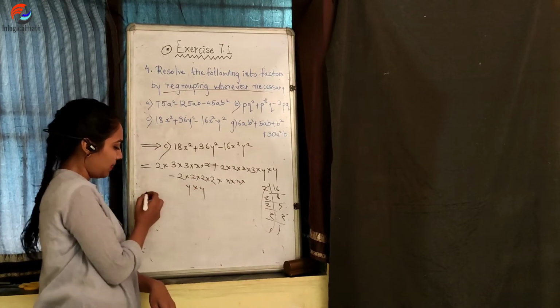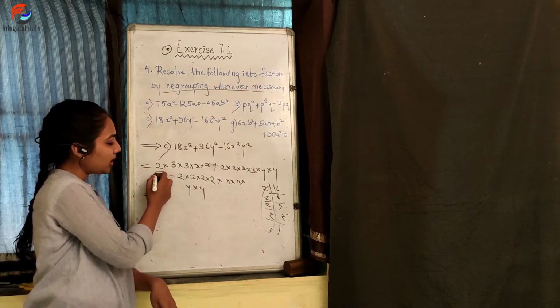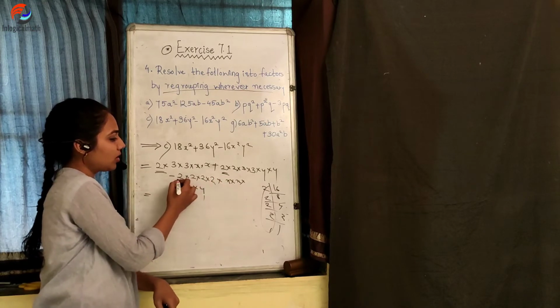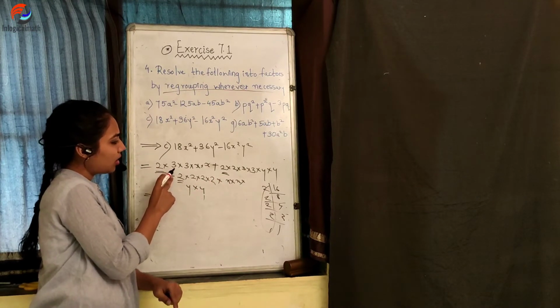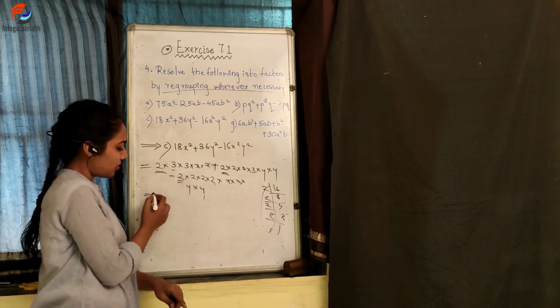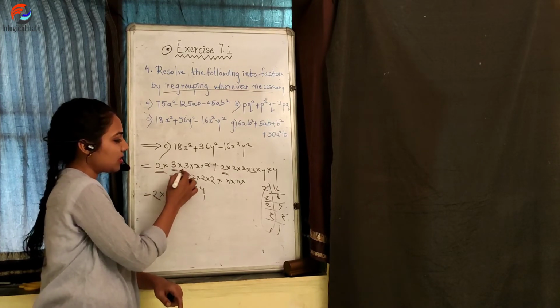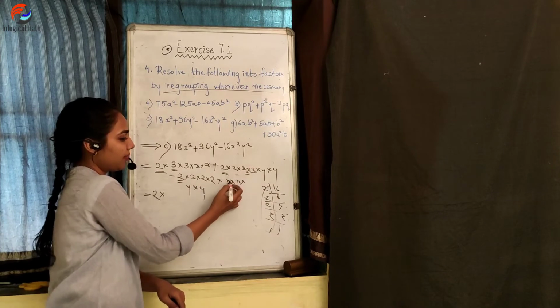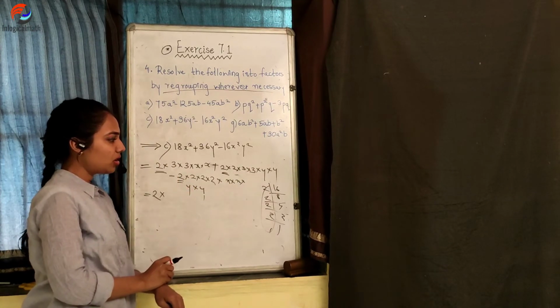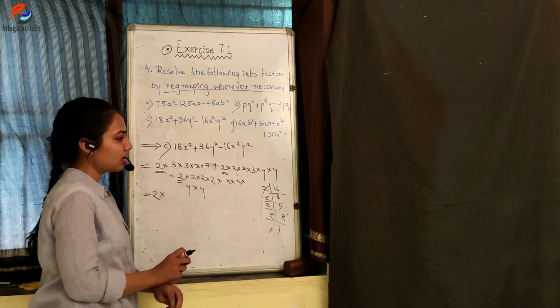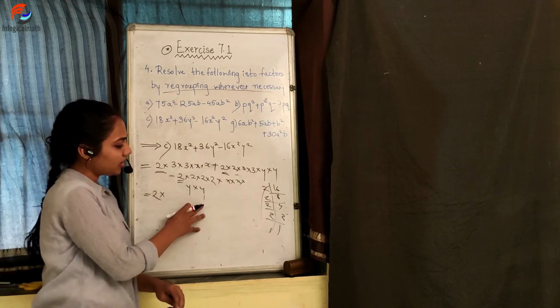So see, 2 comes in each term, here also 2, here also 2 and here also 2. So what is remain? 3 comes here once, multiply 3 comes here. I think 3 comes in 2 terms, okay, it doesn't come in 3 terms. Just go for x, so x also doesn't come in each term.